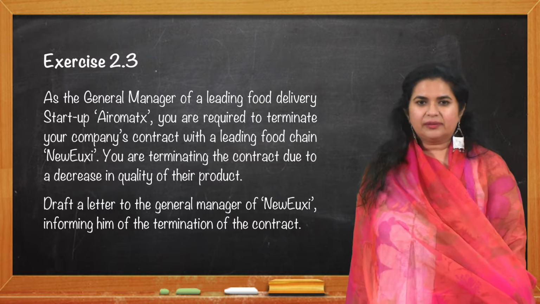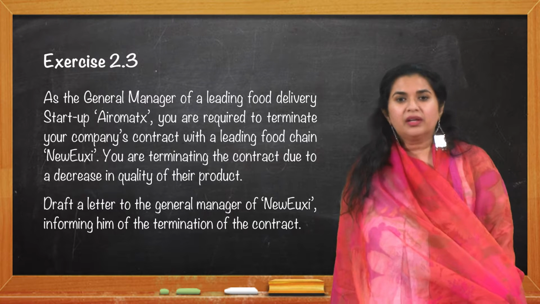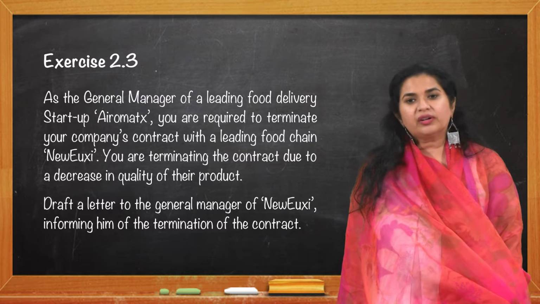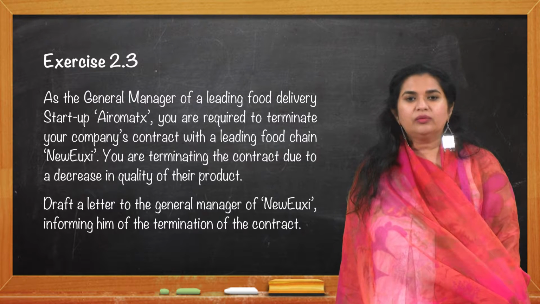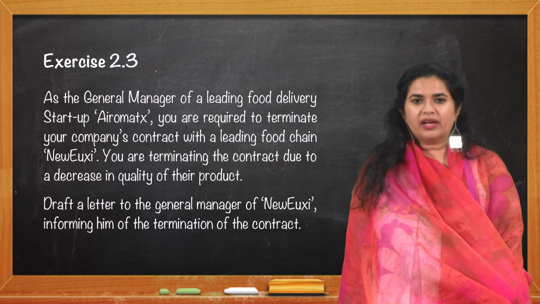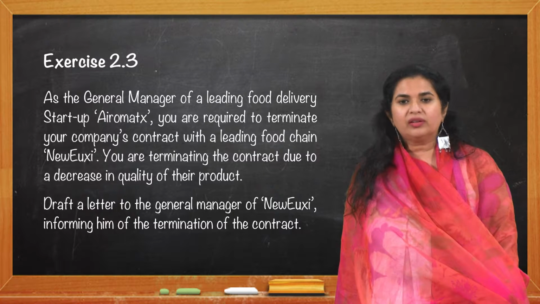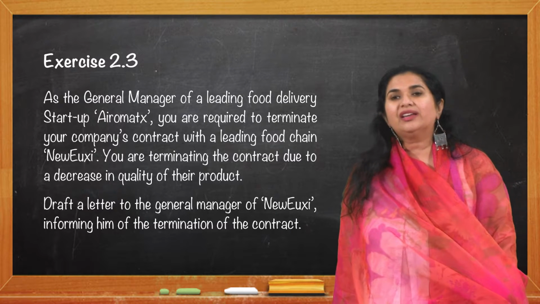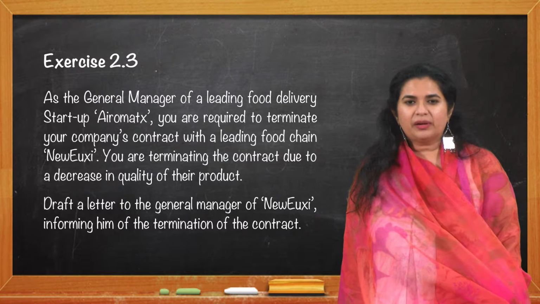Next exercise. As a general manager of a leading food delivery startup, so and so, you are required to terminate your company's contract with a leading food chain XYZ. You are terminating the contract due to a decrease in quality of the product. So, declining quality of the product that they have been supplying.